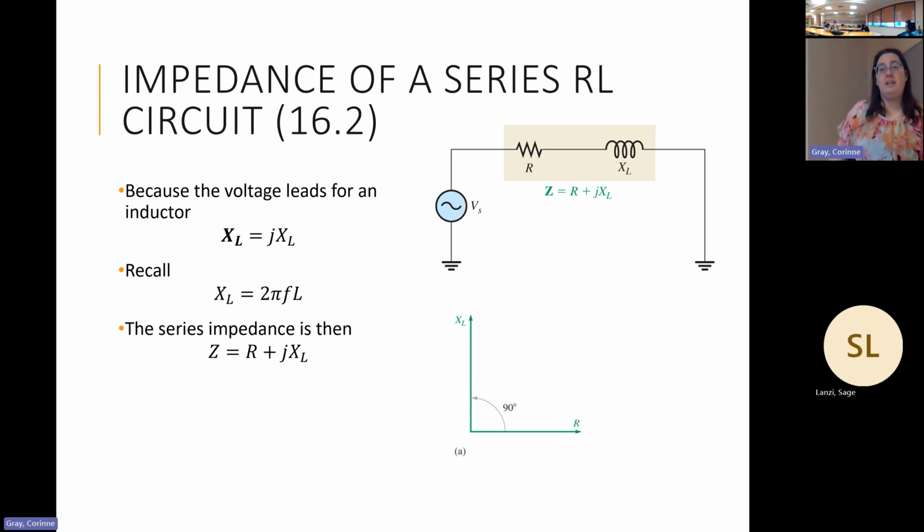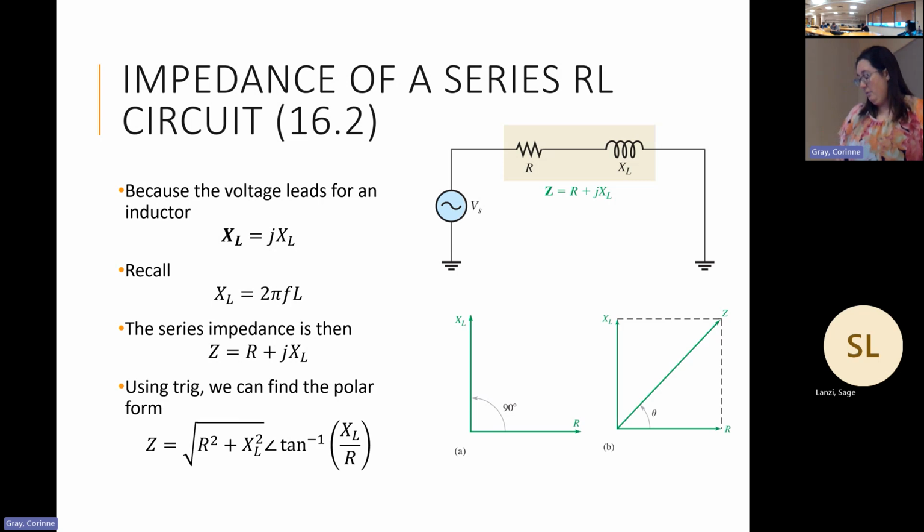So with this particular representation of the impedance, the phasor representation looks like this. So our resistance is along the real direction, whereas our information for the inductor is along the positive imaginary axis. So that's why, again, it's positive j for an inductor. And once again, we can go through and use trig to help us find the magnitude of our impedance as well as its angle.